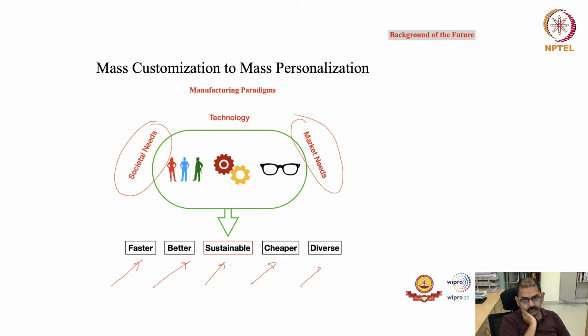So the value you deliver is actually a function of technology, correct? So there would be societal needs which could indicate the sustainable part. There could be market needs which could mean that the product should be diverse, right? And how you deliver the value is also a function of technology, right?